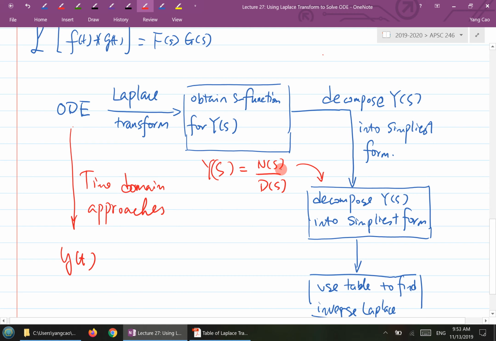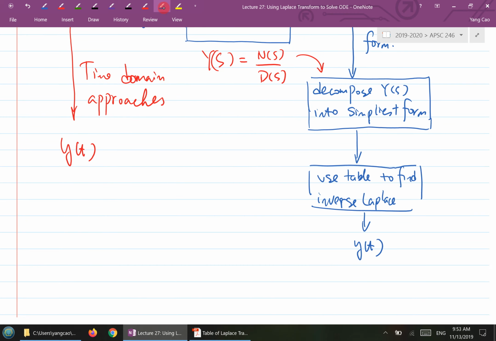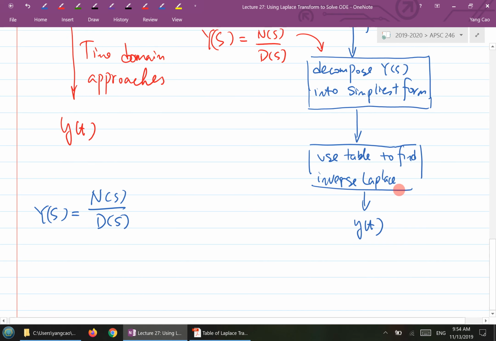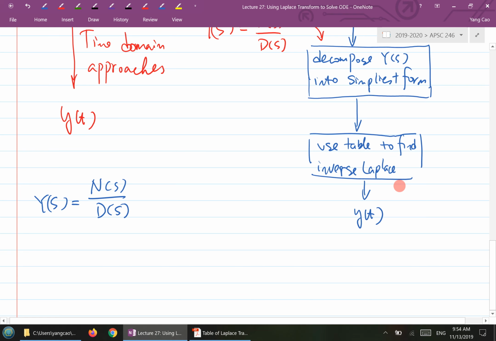Before we go ahead, I want to introduce a new concept. If I have a fraction for Y of s, and we set the denominator to be 0, the solutions for s, most probably you have more than one solution, are called poles.